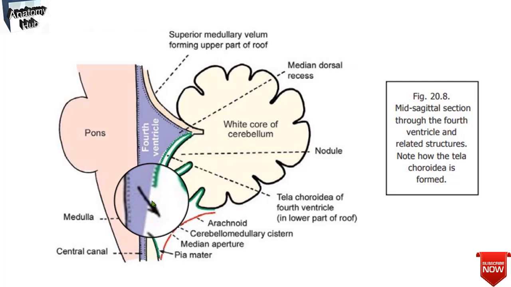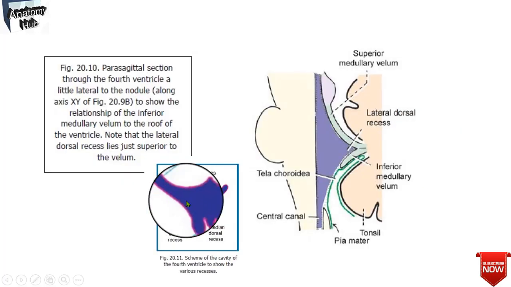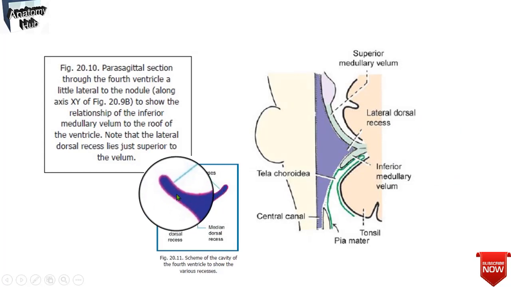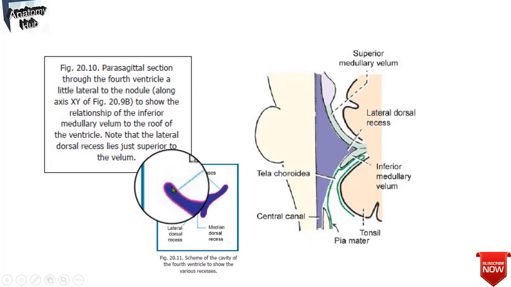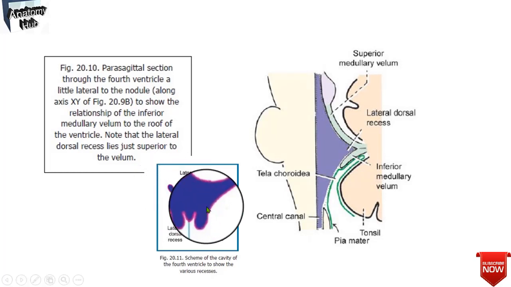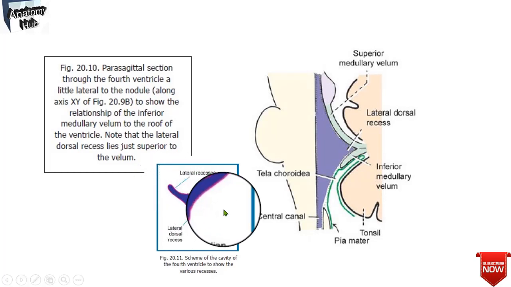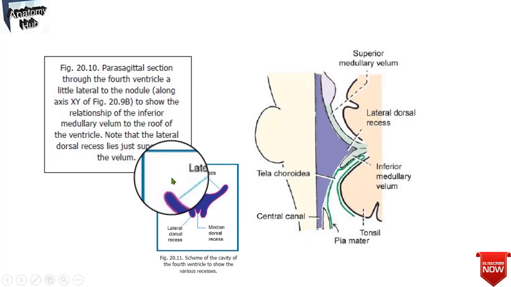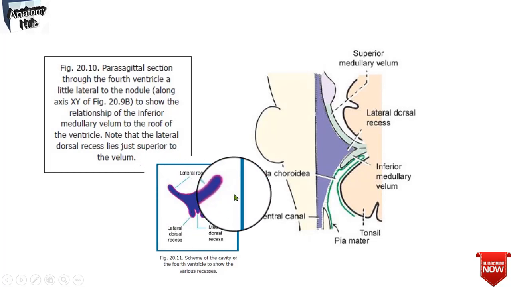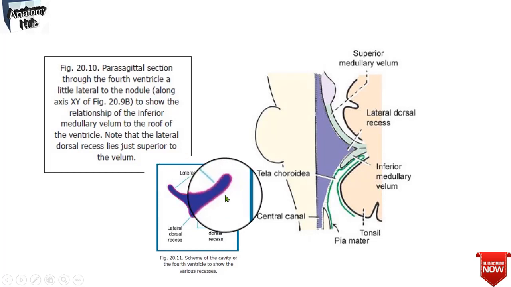There are a number of extensions from the main cavity. The largest of these are the two lateral recesses that you can see here, one on each side.